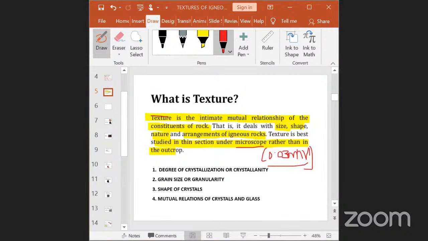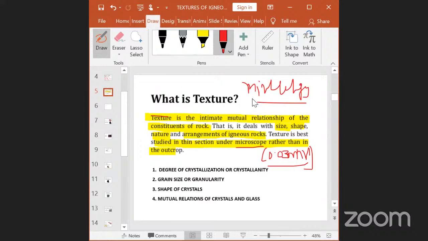So why read about this texture? That is the important thing. The texture of a rock is a result of various processes that control the rock's genesis, along with the mineralogy, right?